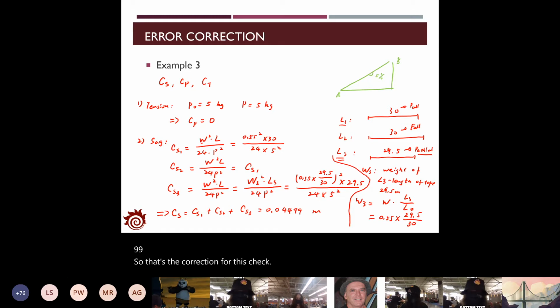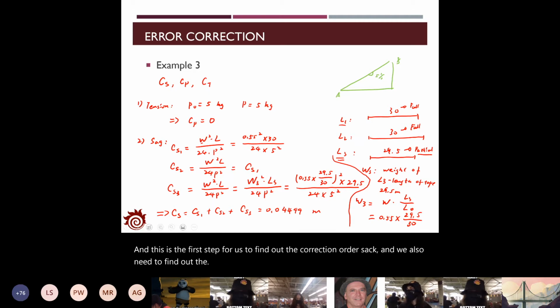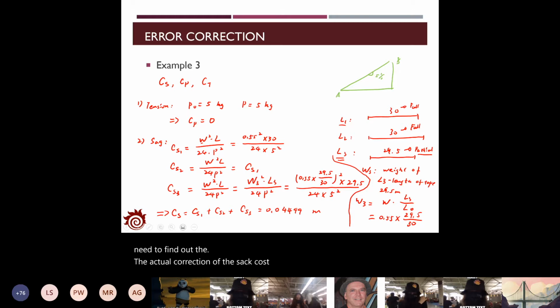And this is the first step for us to find out the correction of the sag. And we also need to find out the actual correction of the sag. Because for now, the correction of the sag you calculated is based on the wrong instrument scales.